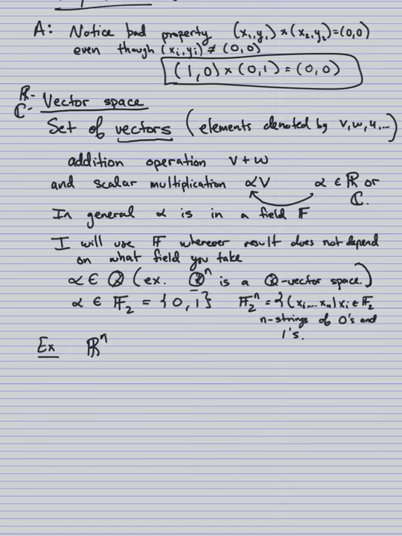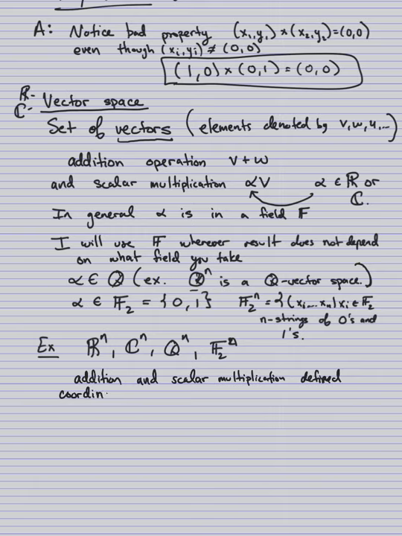So we can take Rn, Cn, Qn, F2 to the n, where addition and scalar multiplication are defined coordinate-wise, for all the examples.